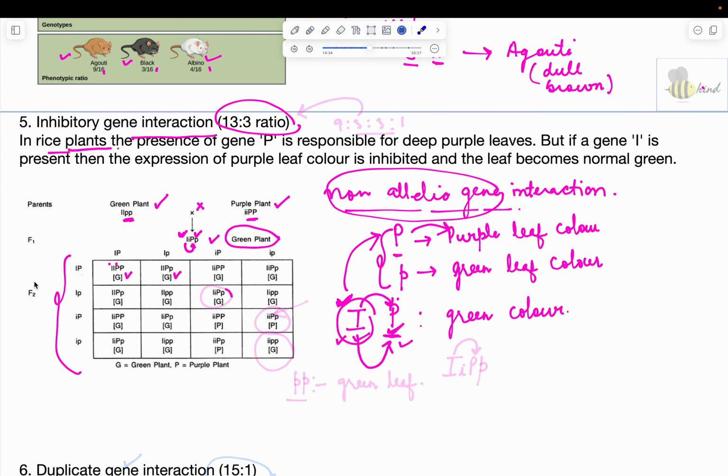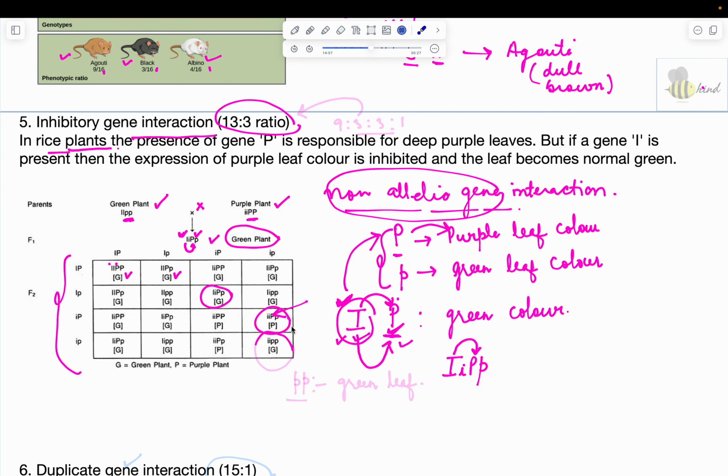This individual is green too, because again I is present with dominant P. This is purple because there is one dominant P allele present here, without I, which will cause the color of the leaves to be purple.